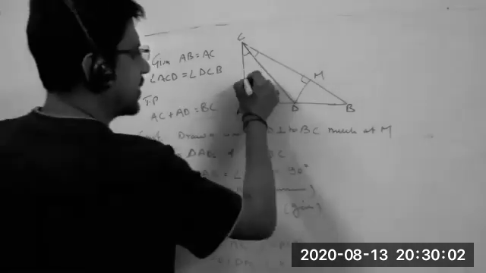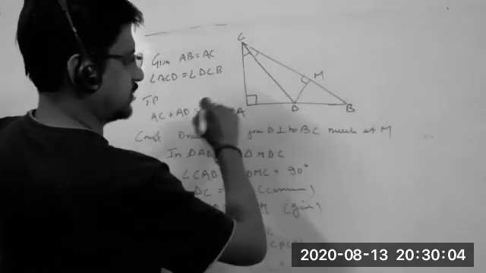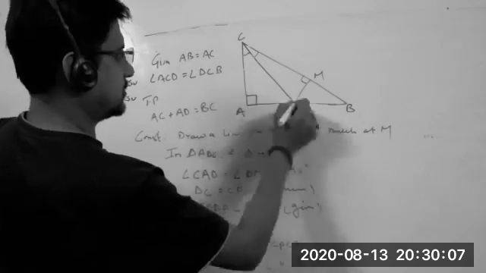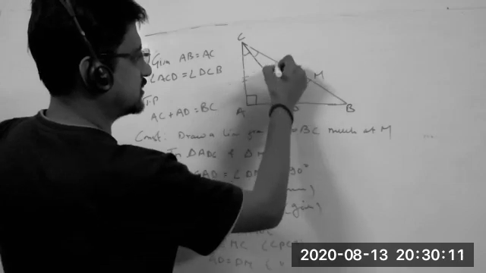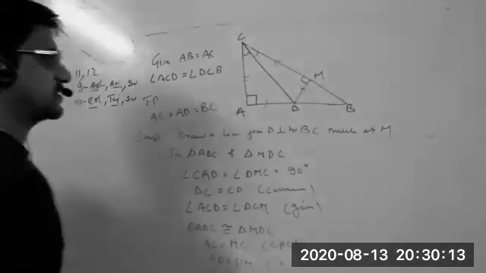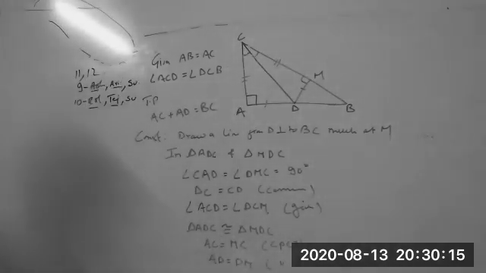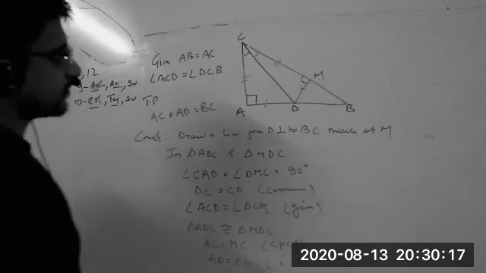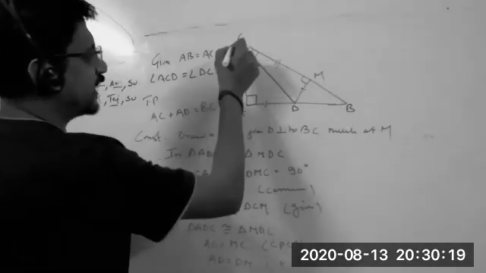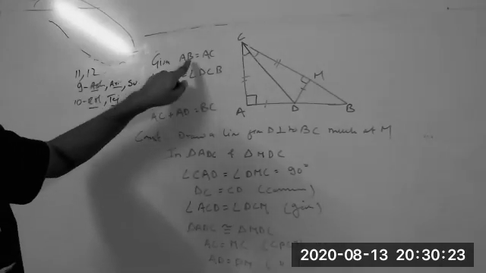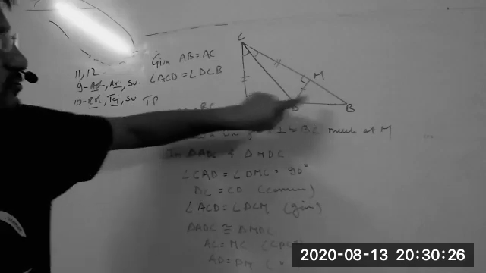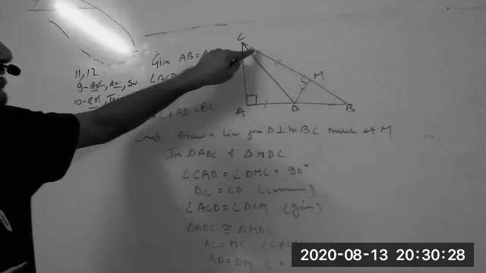So AB equals AC. So this is equal to this, and this is equal to this. Now, angle B is equal to angle C, given. Since AC is equal to AB, therefore this angle is equal to this angle.